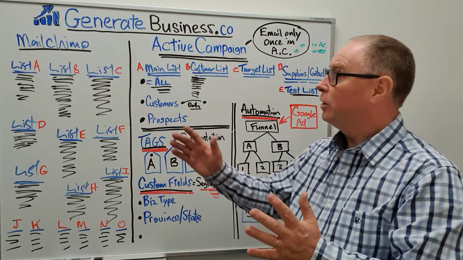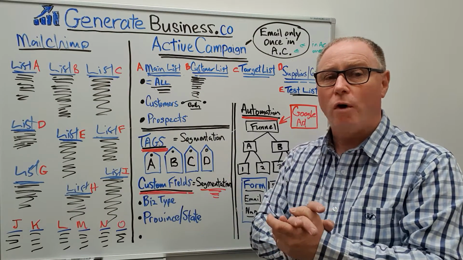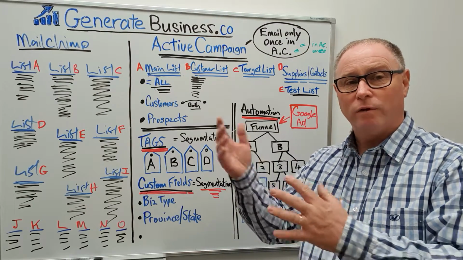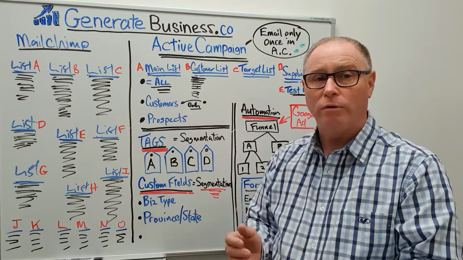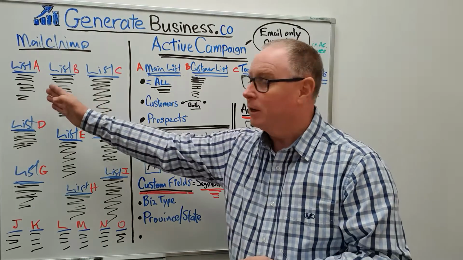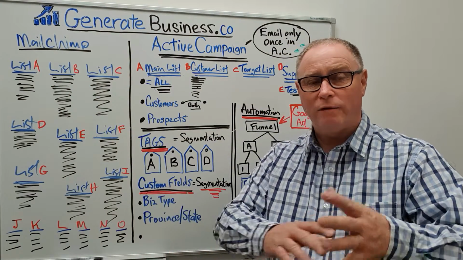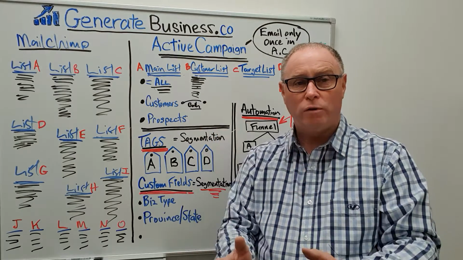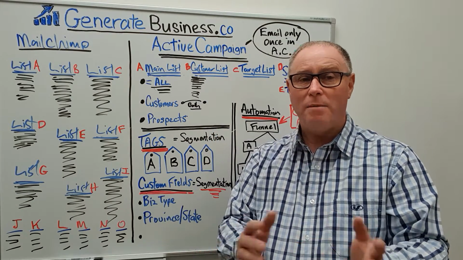If I go back to historic, Mailchimp's been around a long time and we used it ourselves for probably 8 or 10 years, and we've shifted to ActiveCampaign, so I understand both. You've got list A, B, C, lots of lists, and every time you want to do an email campaign, you've imported your current list of contacts to email.